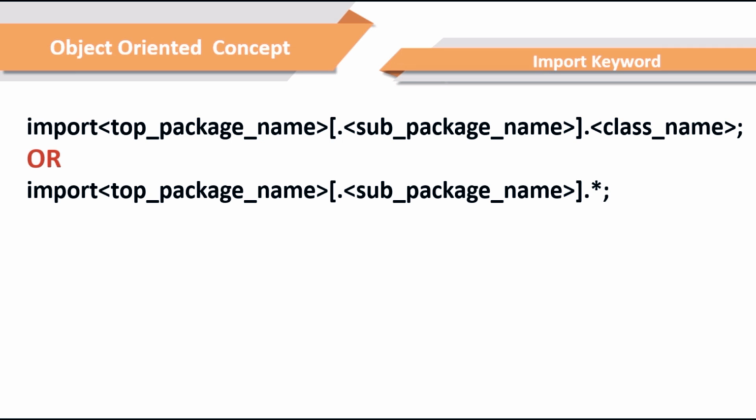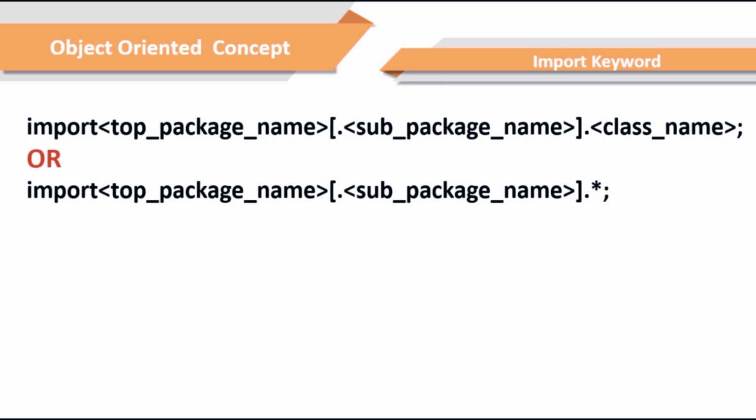We can access the classes and interface of another package with the import keyword. So we have two different ways of how to import any class into different packages. The first one, if you import the package name .class name, then only this class will be available for use.